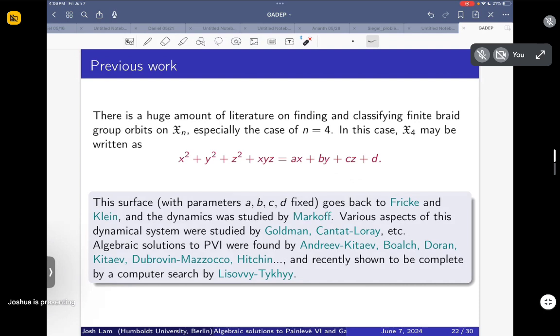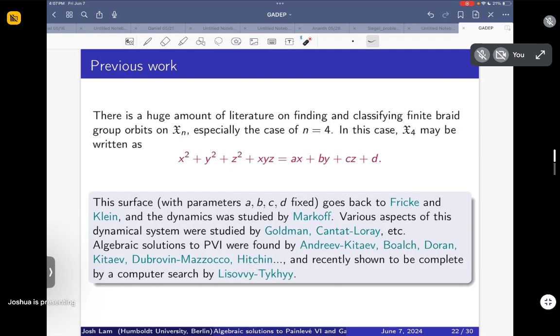And then algebraic solutions to Painlevé VI are due to many people. Kitaev, I already mentioned with these pullback solutions, and Andreev and Kitaev, Boalch has done a lot of work on this, Doran, Kitaev, and Hitchin.